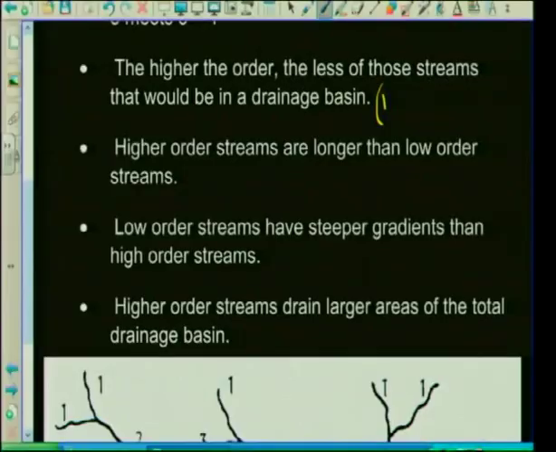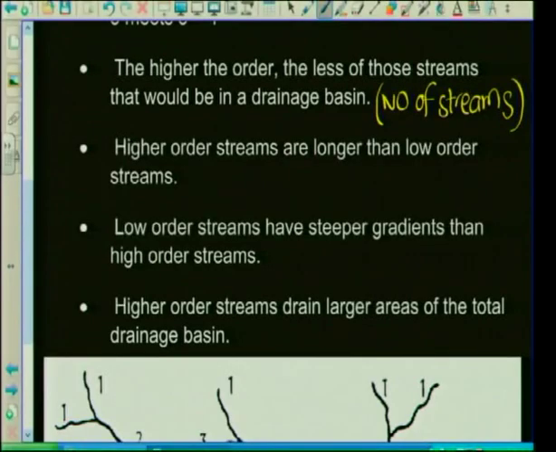That's the first rule, which is basically the law of number of streams. So lots of first order streams, fourth order streams, maybe 1 or maybe 2.